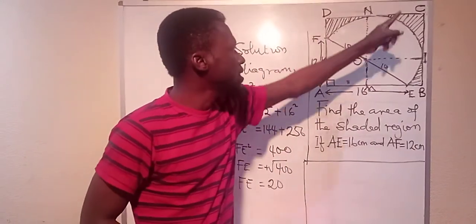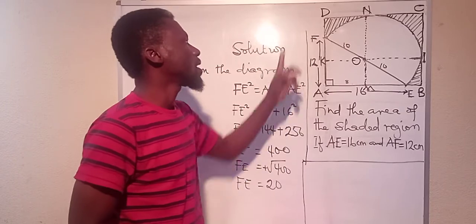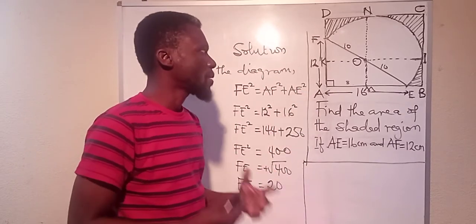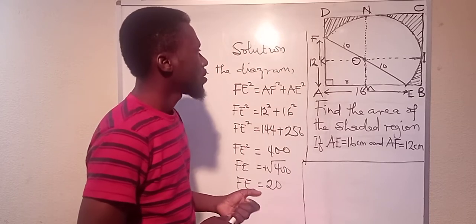If we're able to find DC and then CB, then we have the dimensions of the rectangle to find its area. All right.